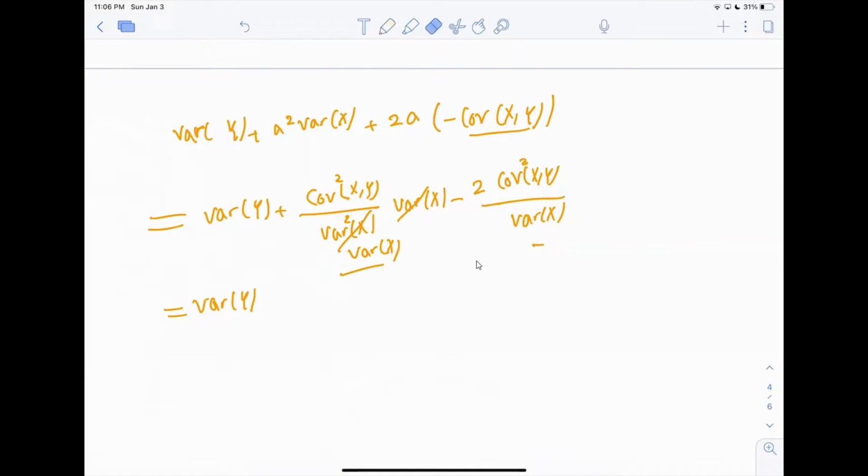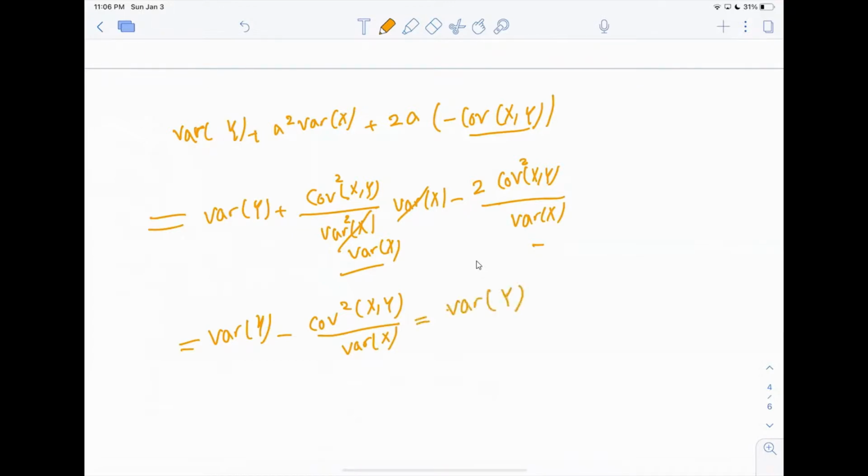So perhaps it's gonna be this minus covariance square of x and y divided by variance of x. Good. Now is the time to factor out variance of y to get 1 minus covariance square of x and y divided by variance of x, variance of y. We are done.